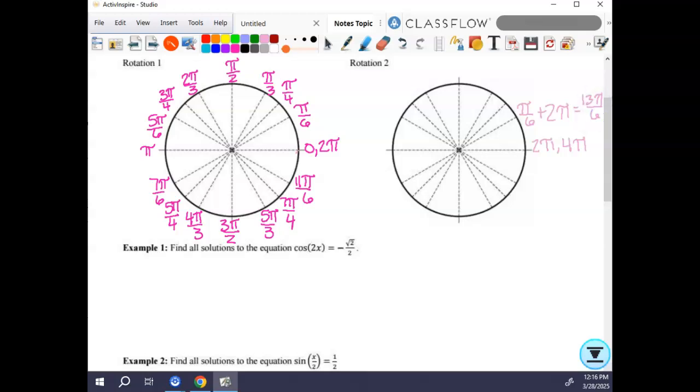Then for pi fourths, 2 pi is 8 pi fourths. So pi fourths plus 8 pi fourths gives me 9 pi fourths. You with me on that? Pi thirds, 2 pi would be 6 pi thirds. So pi thirds plus 6 pi thirds is 7 pi thirds.